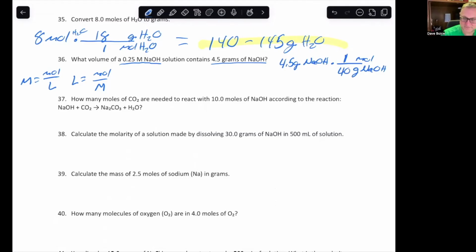So 4.5 divided by 40 equals 0.1125 moles. So that's very important. I need to know that.